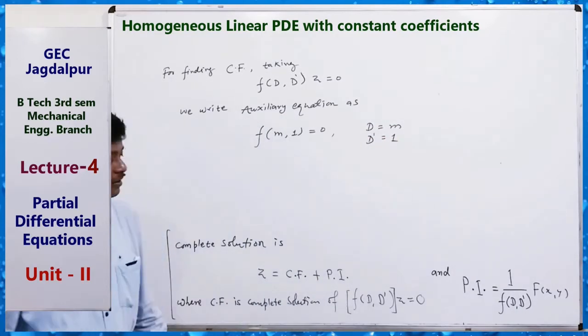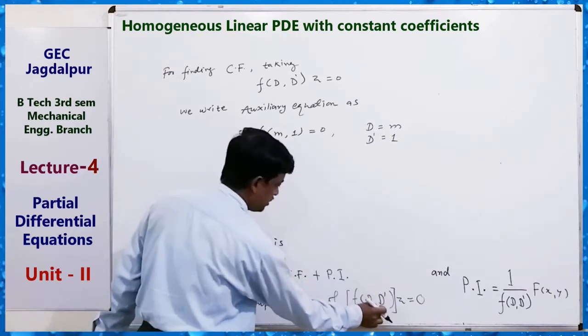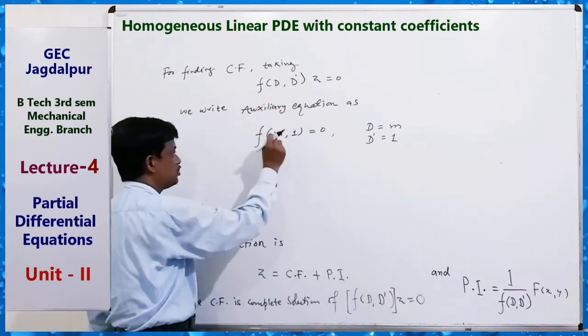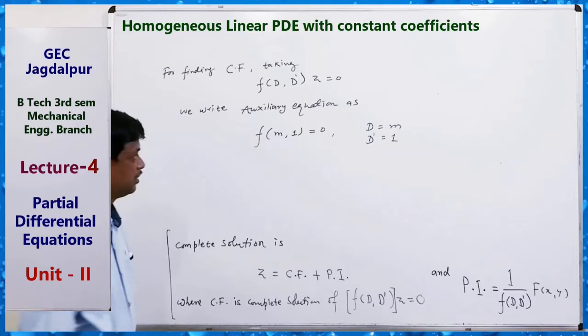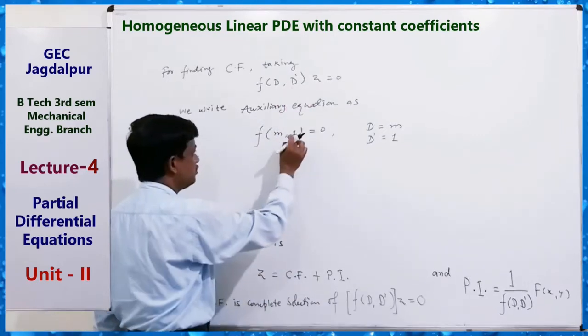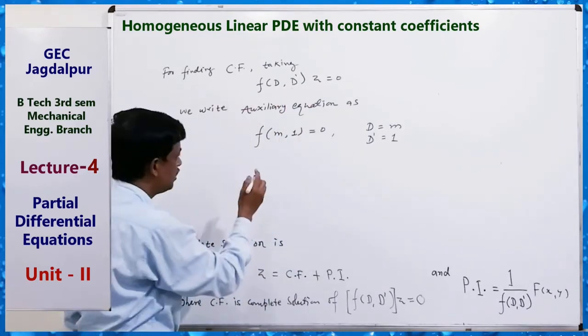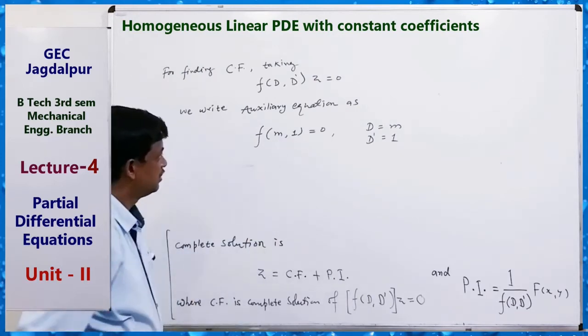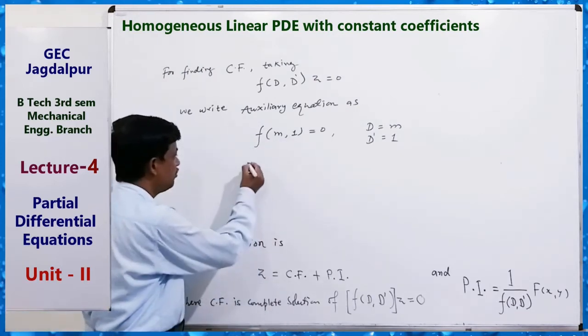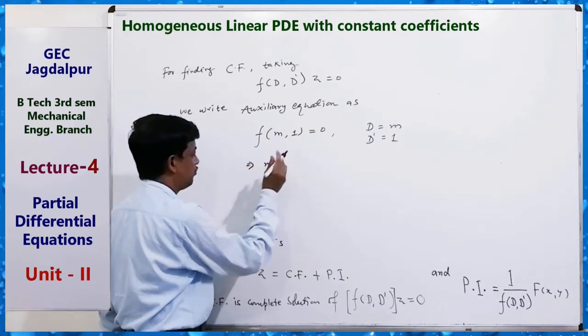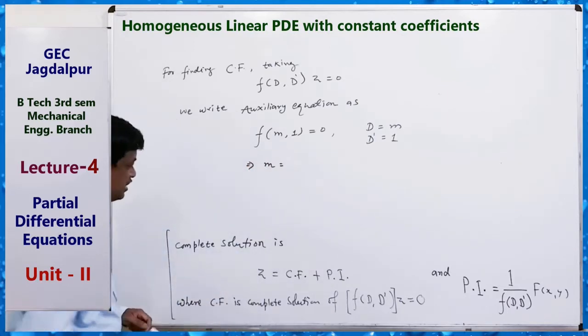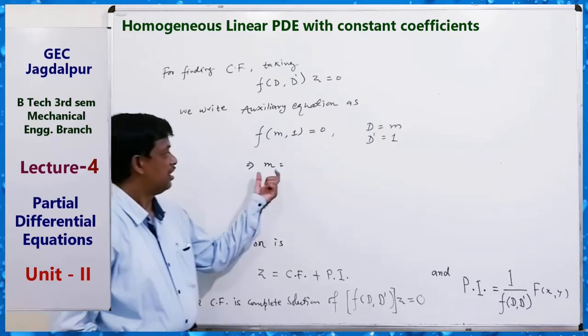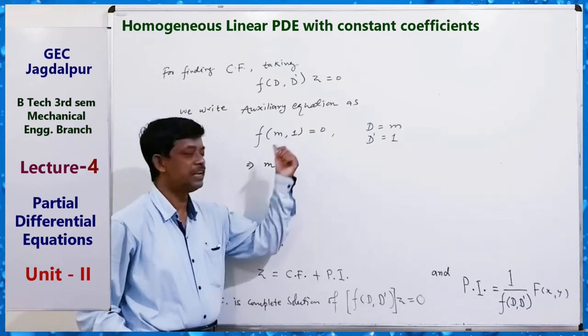Right. In this, you have to write D equals m and D dash equals 1. Then we get an equation in m, and we can solve it. This is the equation in m.